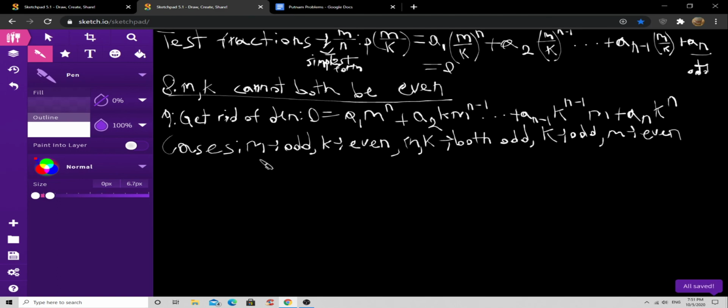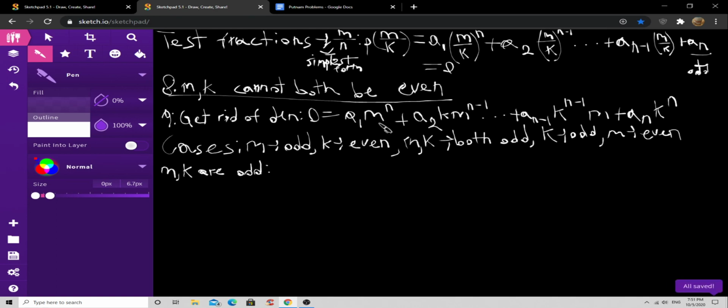So let's try case 2. This is the case that we're going for. We'll just try m, k both odd.